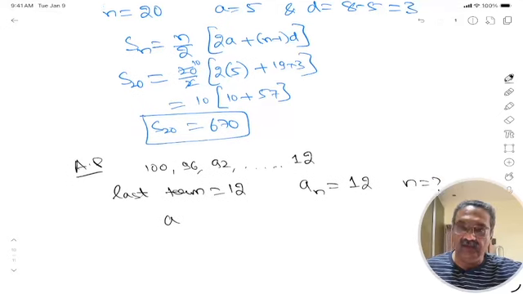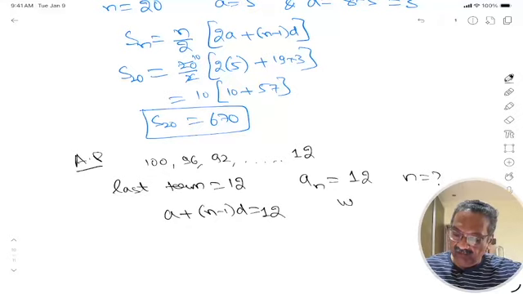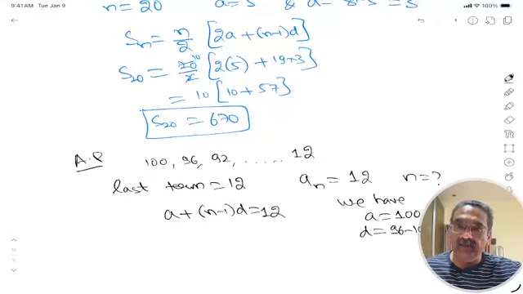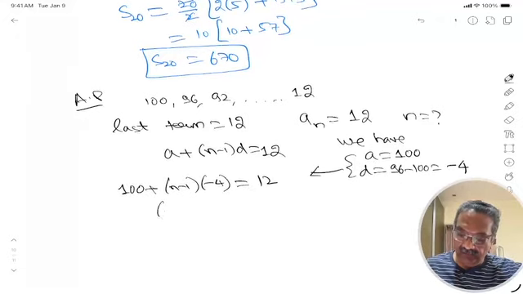We know the formula for an is a plus n minus 1 into d is 12. Here, what is a? a is the first term, which is equal to 100, and d is 96 minus 100, which is equal to minus 4. So if you substitute this here, we get 100 plus n minus 1 into minus 4 is equal to 12.